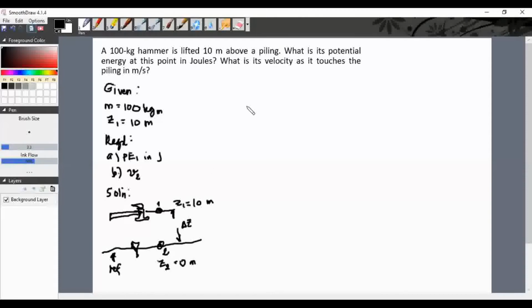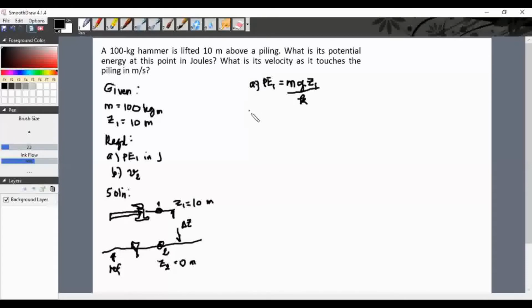Anyway, let's try to solve for letter A. We have to find the potential energy at point 1. We recall the formula from the lecture: PE1 is mass times the gravitational acceleration times Z sub 1, all over the proportionality constant K for dimensional homogeneity.